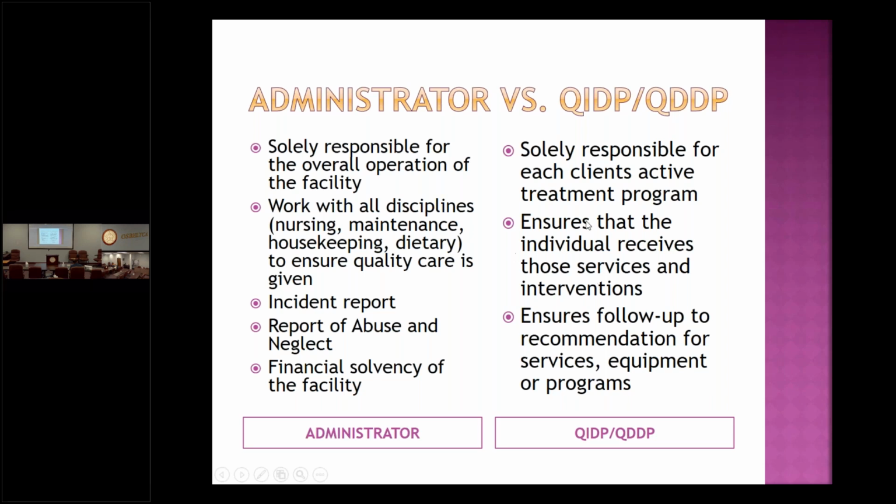Okay, in this case, again, the QIDP is solely responsible for the active treatment program and the person. They also make sure that that person receives the services or interventions that are needed. In most cases, if we have people that constantly have outbursts and cannot control themselves and they're doing bodily harm to themselves or to other people, at some point they may have to be inpatient for an assessment, and sometimes they come back doing wonderful.